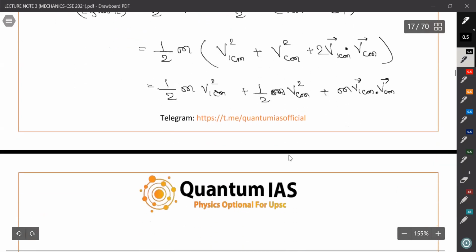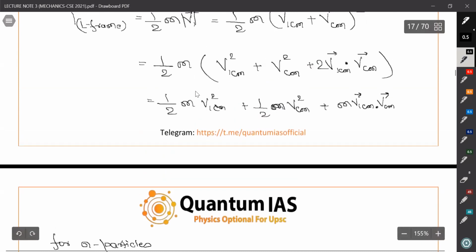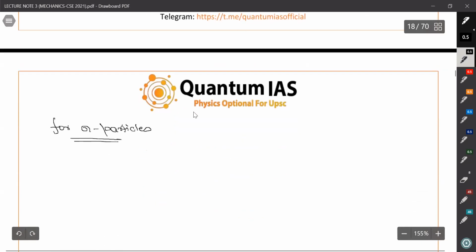Let us assume this for n particles. So we just have to make the summation.